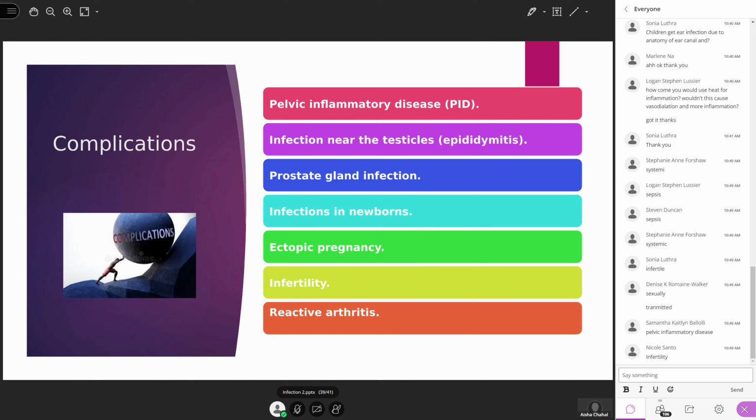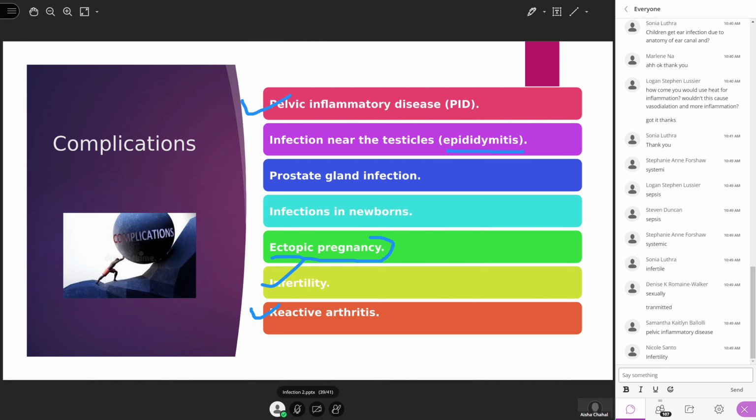These are the complications. We already talked about this. And then epididymitis. See, this is the word I was talking about. Inflammation or infection of the testicles, prostate infection, newborn infection, ectopic pregnancy, that is not in the uterus, in the fallopian tube, in ovary, somewhere else. That is called ectopic pregnancy. Infertility, reactive arthritis can happen.